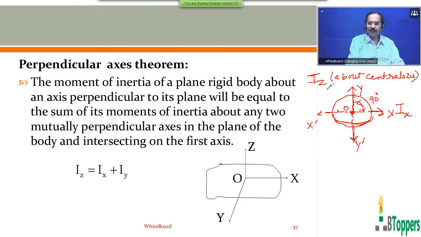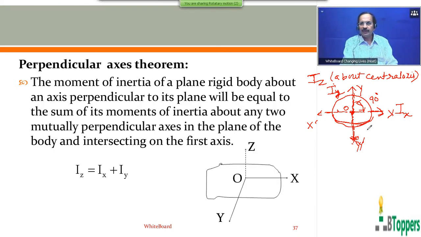Let Iy denote the moment of inertia of the disc about the axis Y dash Y, which also lies in the plane of the disc.